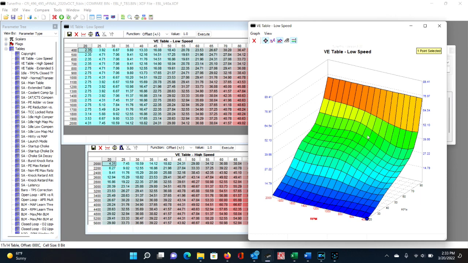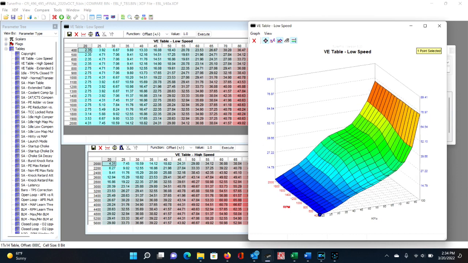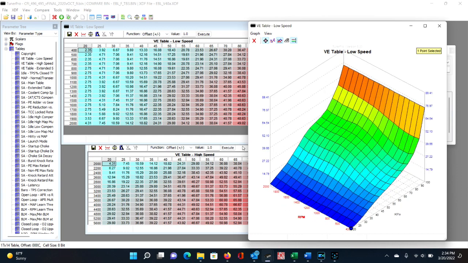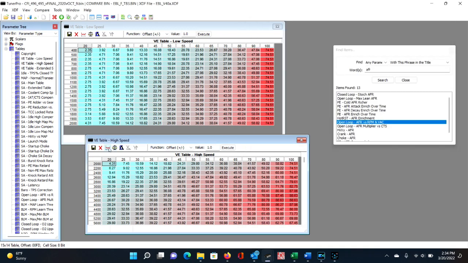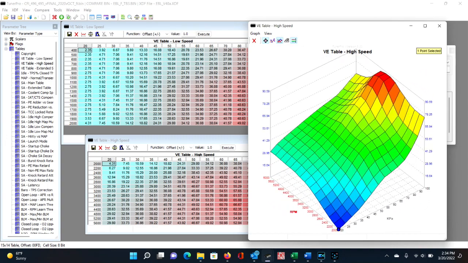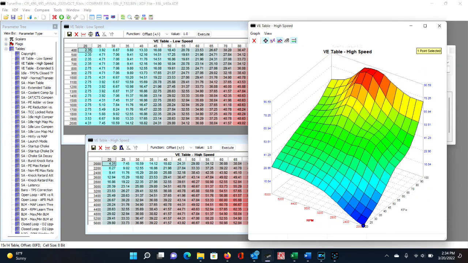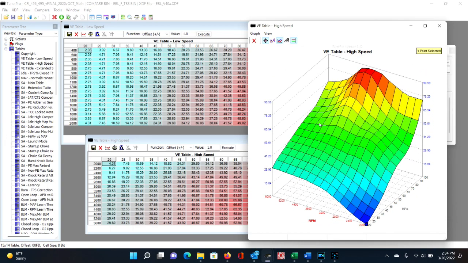Then use the wideband to walk your AFR values in, as well as your rich, lean, and mean values for your oxygen sensor. And then you switch over from the wideband oxygen sensor to letting the narrowband actually trim the table, and you'll end up with a really nice looking table right here like I have. And it won't have a whole lot of choppy pieces and parts, and it should transition nicely through what you're looking for it to do.